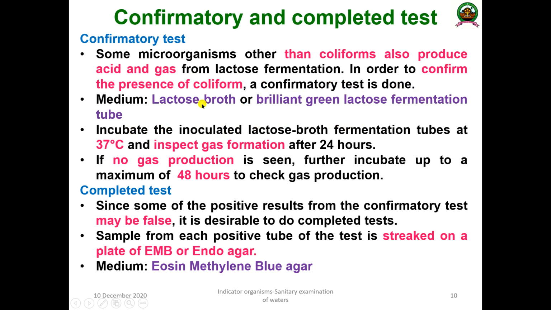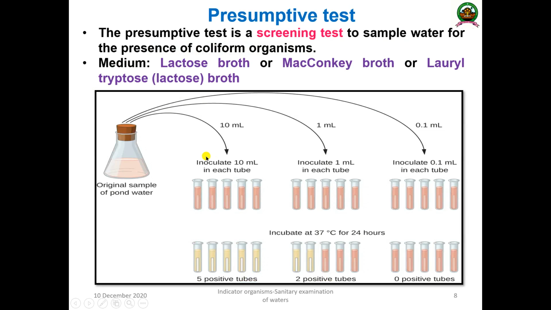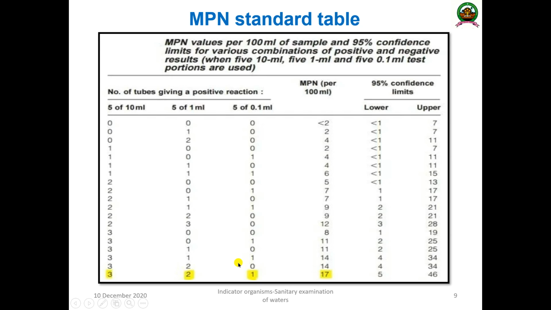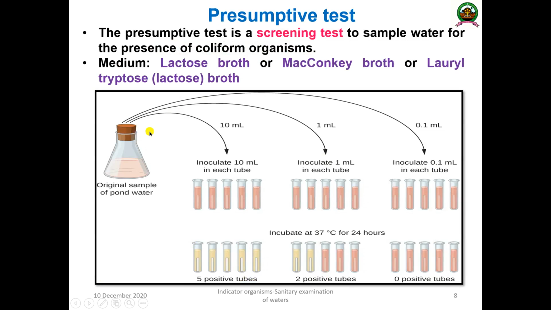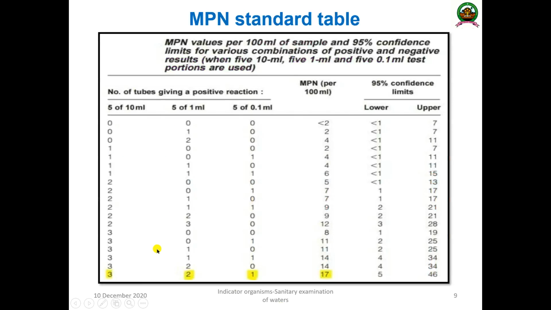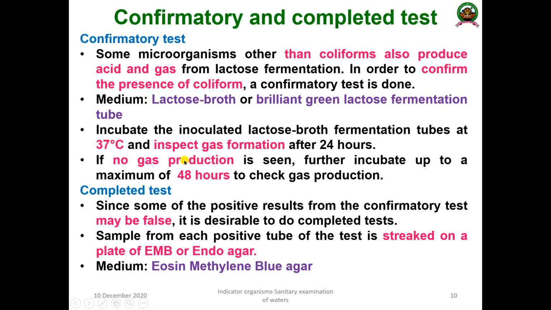You take one of the positive tubes, showing both acid and gas, take a small sample and add it, which is known as inoculating, to the medium consisting of either brilliant green lactose broth or lactose broth.